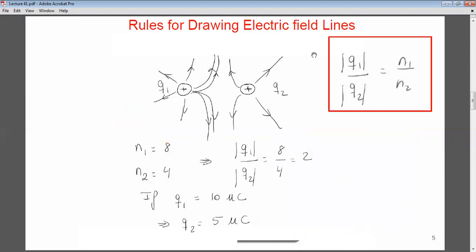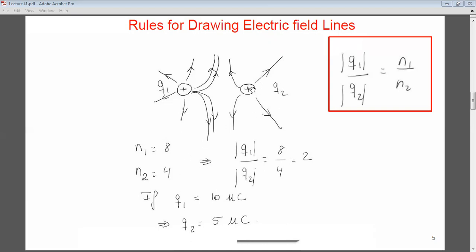Now, what happens if they are not equal? Like in this case. If I see a drawing like this, it means Q1 is bigger than Q2, because the number of field lines from Q1 is bigger than the number of field lines leaving Q2. Let's count. Here I have 1, 2, 3, 4, 5, 6, 7, 8, so the number of field lines of Q1 is 8.